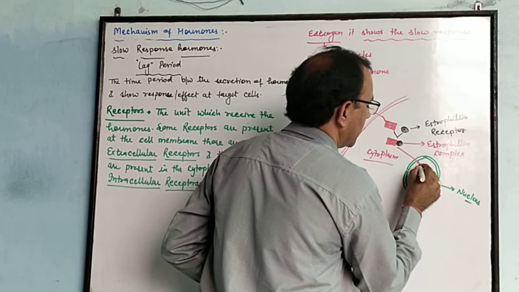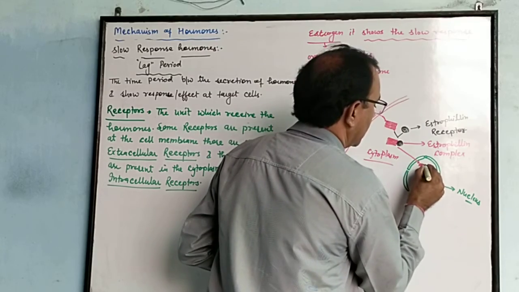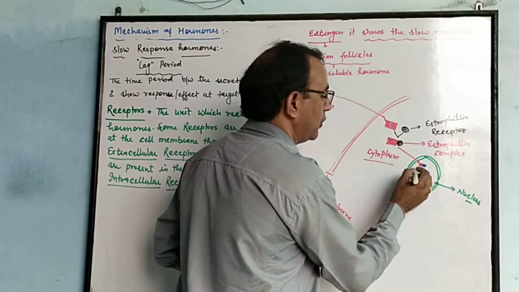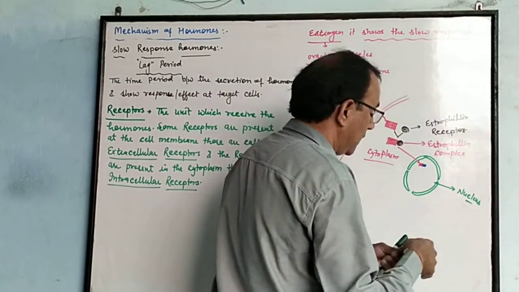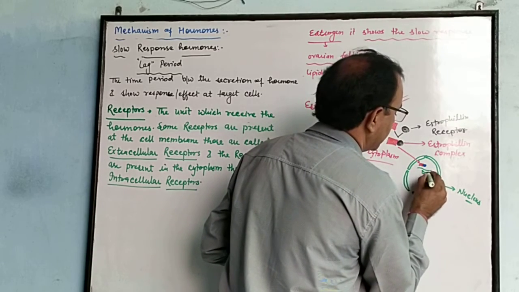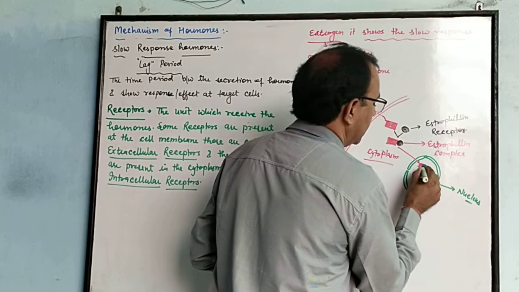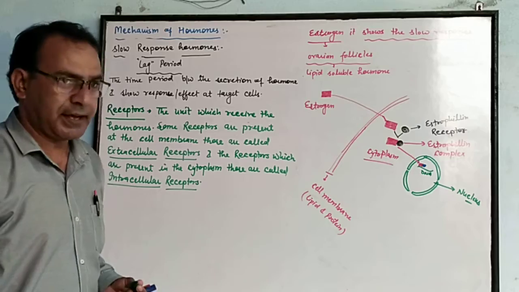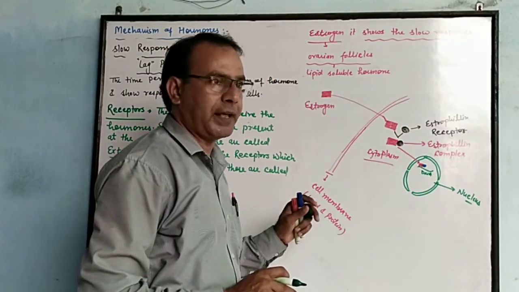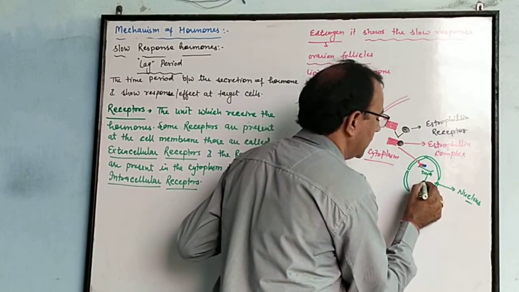This is the estrogen, and this one is the receptor. The estrophilin complex reaches the nucleus, and the nucleus contains DNA. It attaches with the DNA. As the DNA receives the estrophilin complex, meaning the receptor with estrogen, the DNA is converted into mRNA.